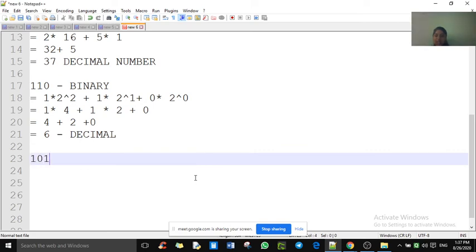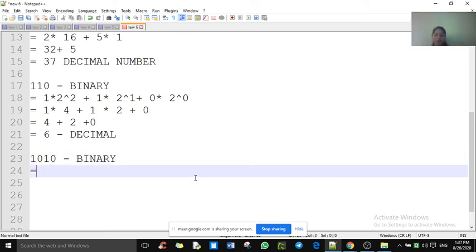So this is 1010. Again this is binary. Now Anshuman will tell me 1 into 2 to the power, which number? Yes, Anshuman, your voice is not audible. Aisha?